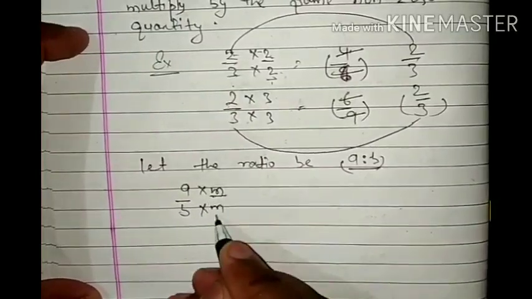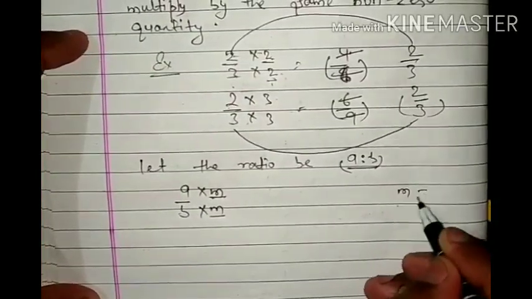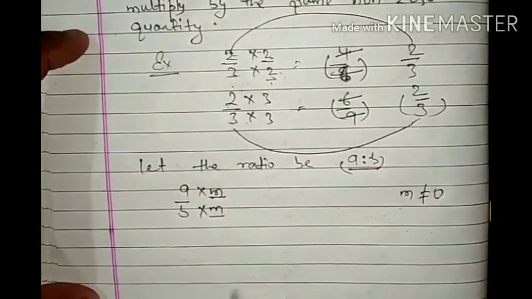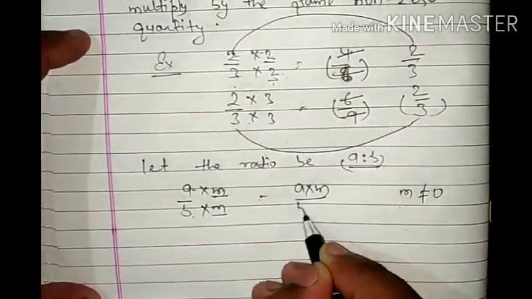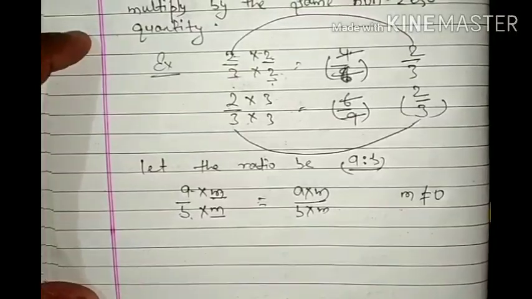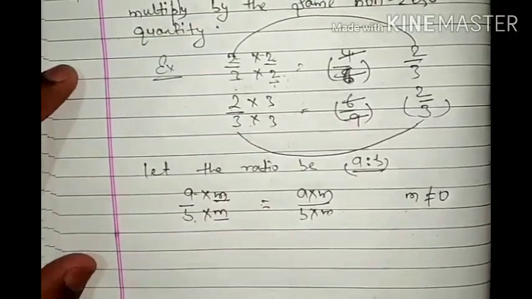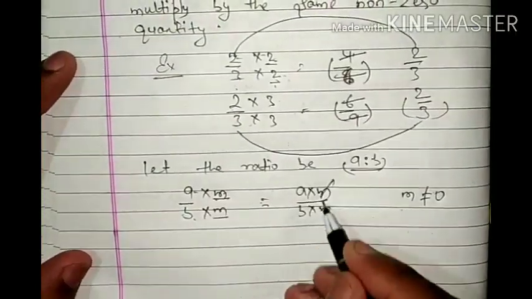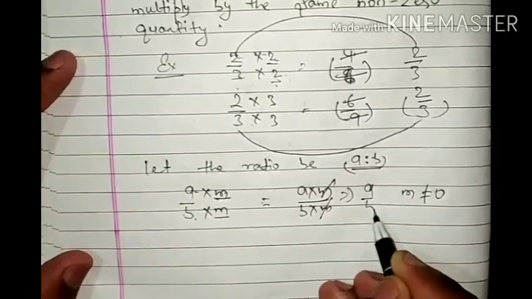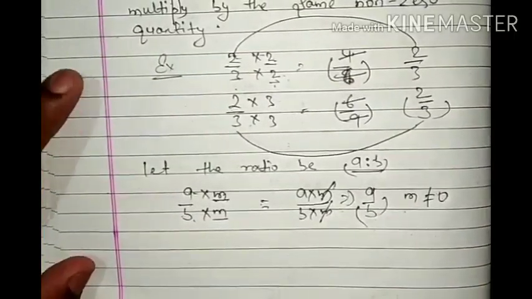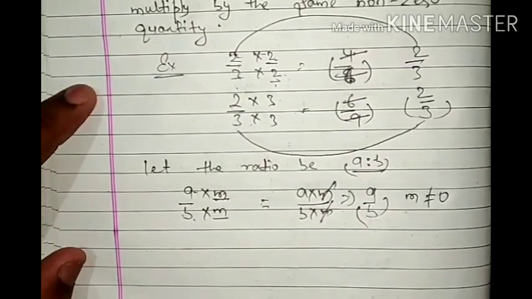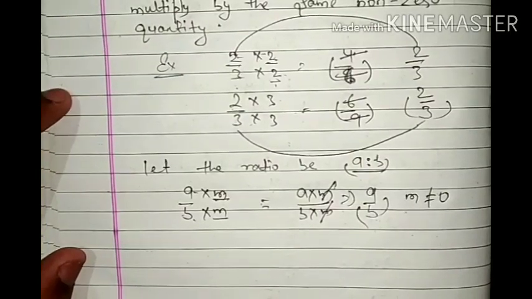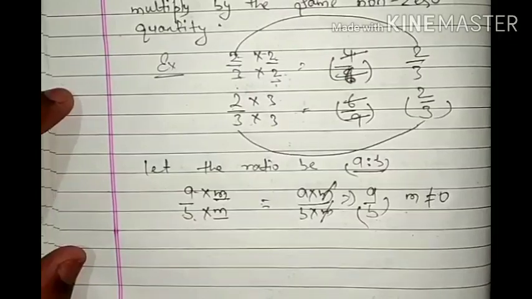We are multiplying by a non-zero number m, m is not equal to 0. What do we get? a into m divided by b into m. And what do we see? When we cancel out both of these, m and m will cancel. Again we are left with a upon b. So multiplying a ratio by a non-zero number does not change the ratio. I hope the first property is clear to all of you.